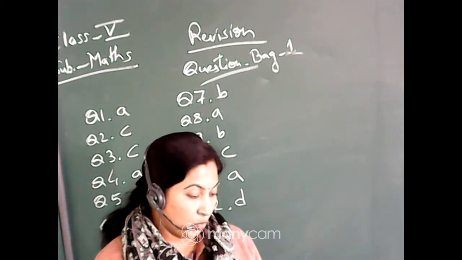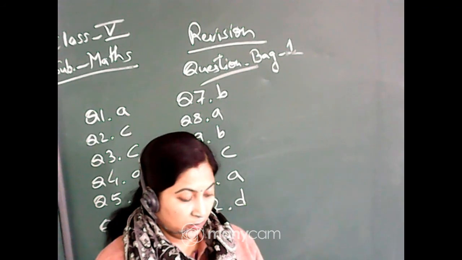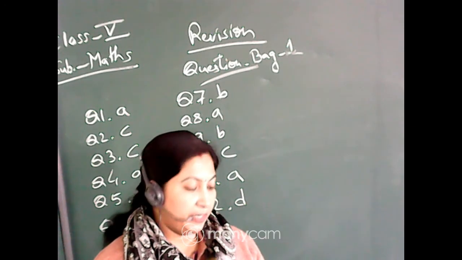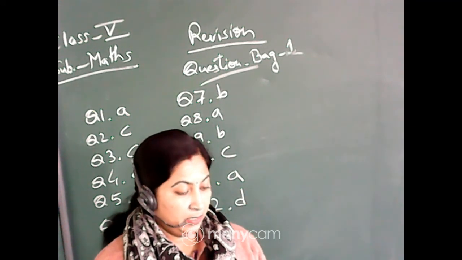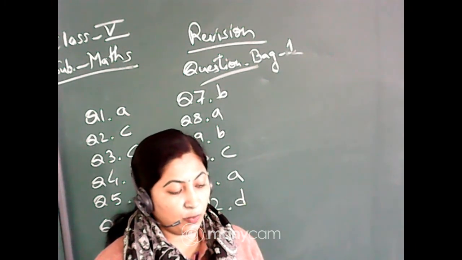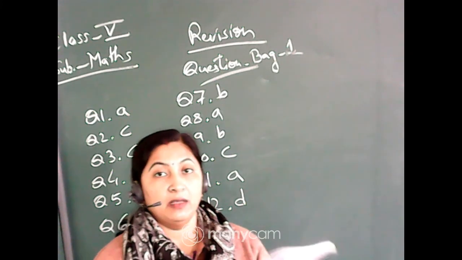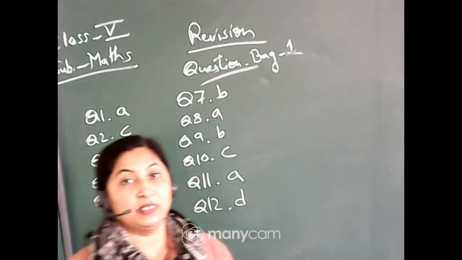Now come to question number 13. 0.04 into what will give you 0.000016? That means 0.04 with what you will multiply so that you get this answer.